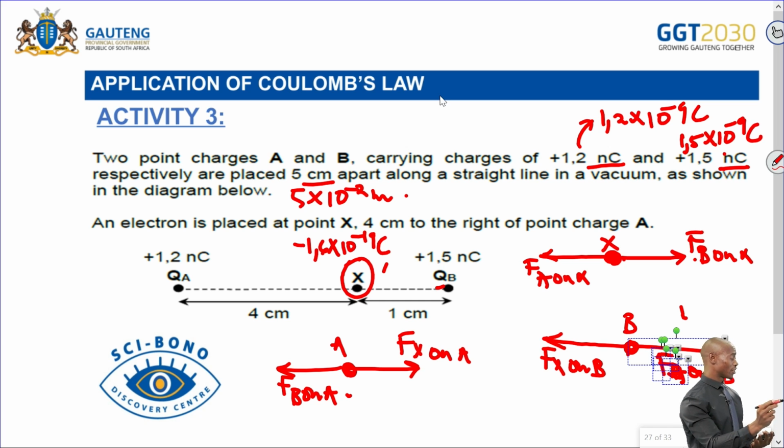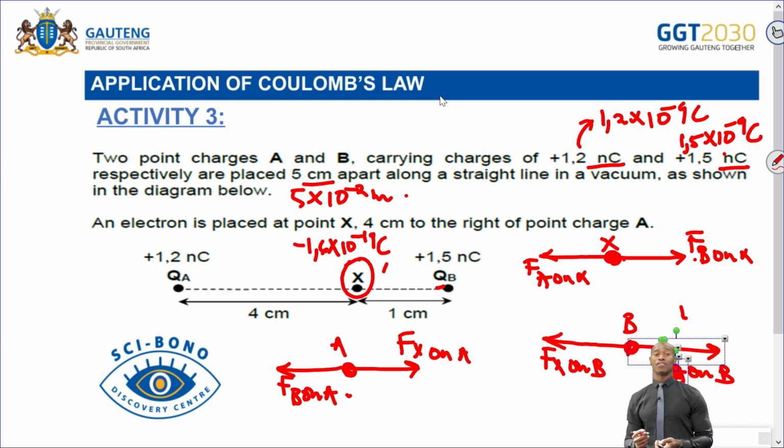There's a force of attraction. So B is attracted to X. There's a force of repulsion between B and A. So it's where we have to start. We have to start by drawing a correct free body diagram, indicating the forces exerting on each point charge. All right.